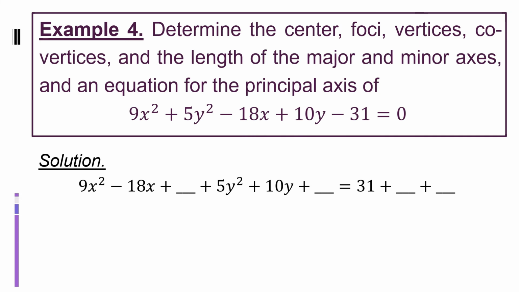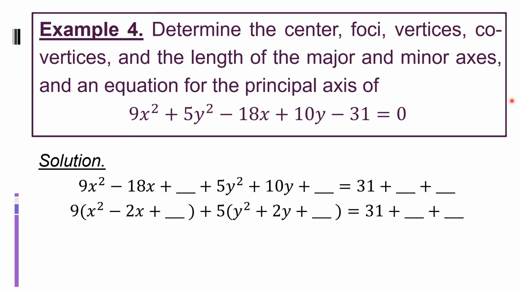So kailangan ilagay muna natin siya sa standard form by completing the square. So we have 9x squared minus 18x plus blank plus 5y squared plus 10y plus blank is equal to 31 plus blank plus blank. Saan galing yung dalawang blank na yan? Kung ano yung dinagdag mo dito sa kabila, idadagdag mo dapat doon sa kabila.